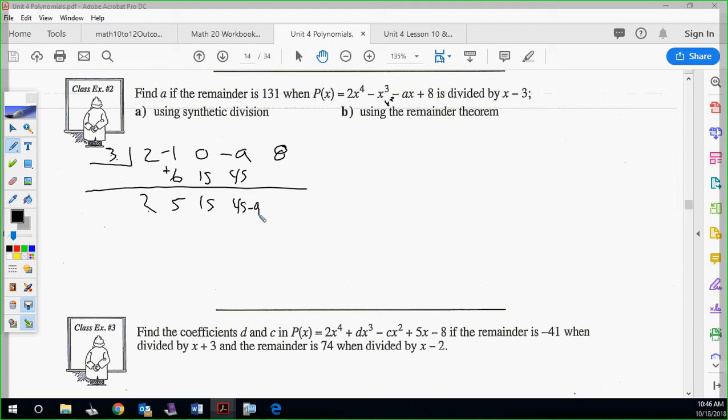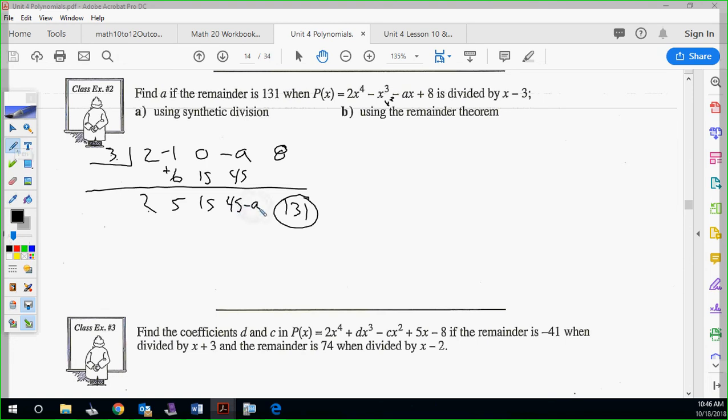And we know the remainder, they said, is 131. So if it's 131, how are we going to get 131 from 8? How do we get 131 from 8?